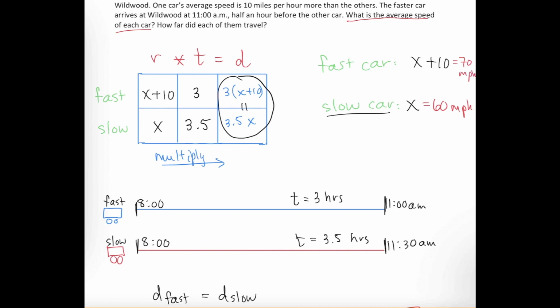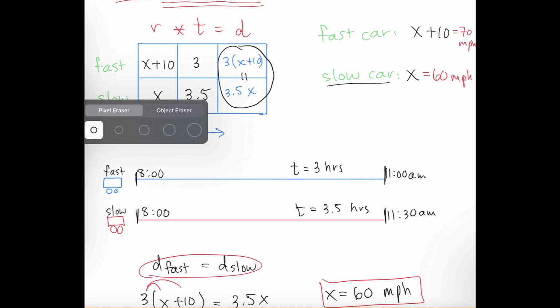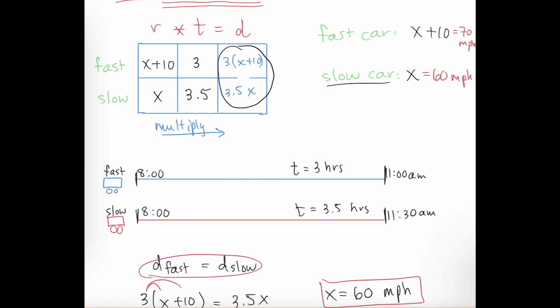The second part of the question is how far did each of them travel? Since the distances were the same, we could compute the distance using either the fast car or the slow car. Using the x value, the slow car's distance was 3.5 times x, so that's 3.5 times 60, which is 210, and distance is measured in miles.